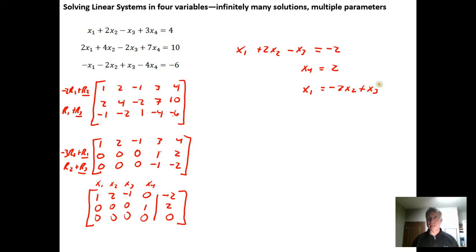And I already have a negative 2 right here. And then we parameterize these variables that are controlling the x sub 1. So we say let x sub 2 equal r and x sub 3 equal s. And r and s can be any real number you want. So r and s are elements of the real numbers.